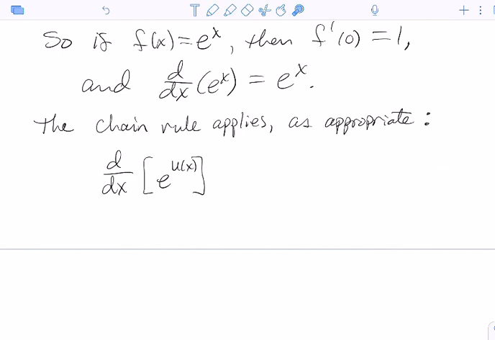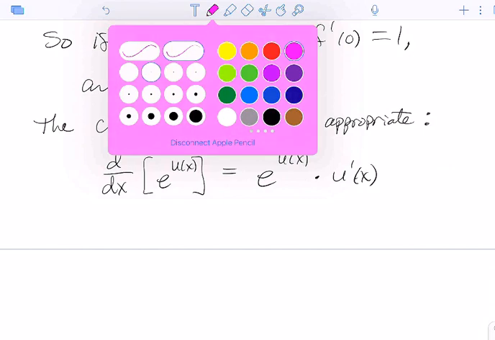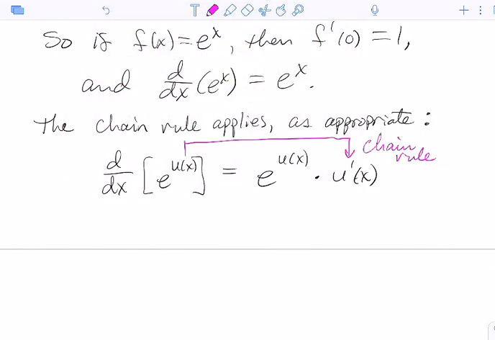So the derivative with respect to x of e to the u of x, where the exponent is a function of x, is e to the u of x times u prime of x, where that u prime is coming about because of the chain rule.